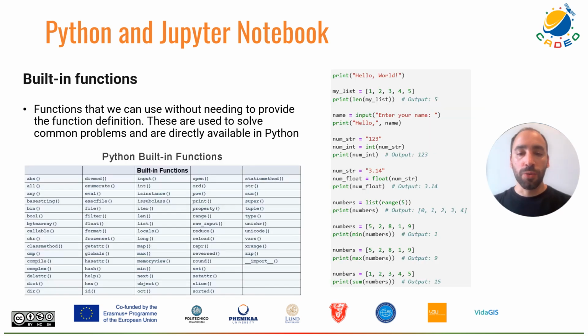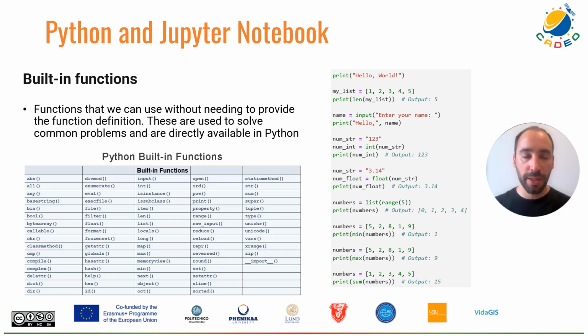It is important to know that in Python there are existing functions that we can call and use right away without having to define them ourselves. Those are called built-in functions. Built-in functions help us to solve common problems and perform everyday tasks in programming. For example, the print function lets us display information on the screen.